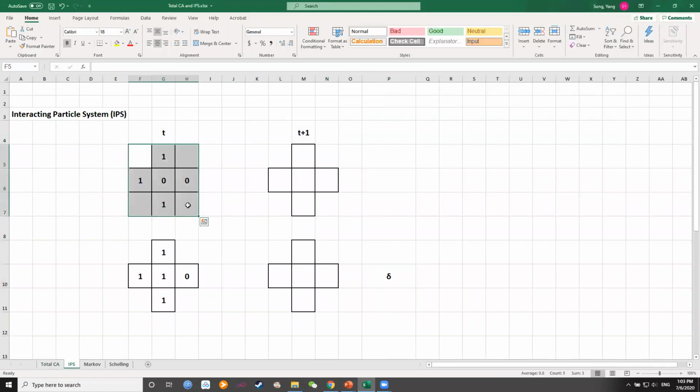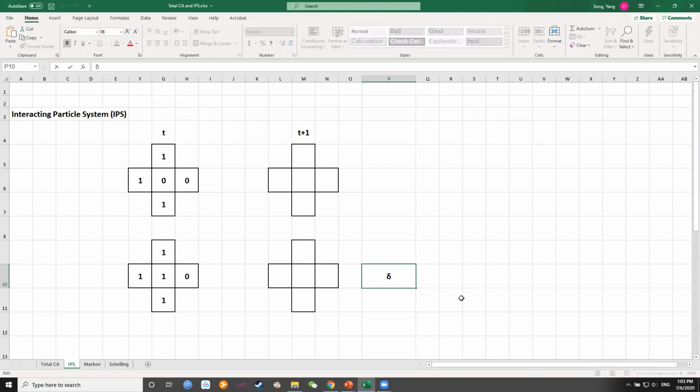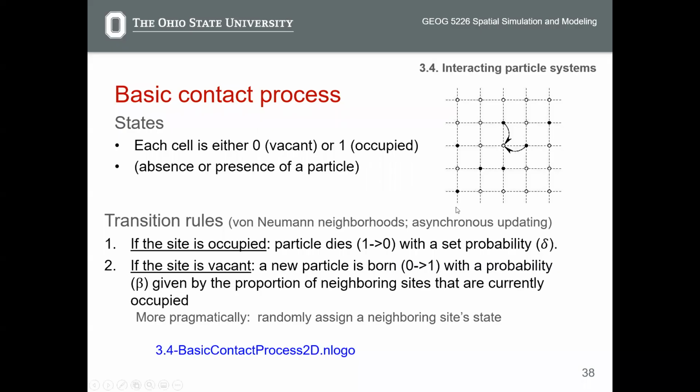It's the same neighborhood, same states, right? The central cell now is 0, and the neighbors are 1, 1, 1, 0. Let me give you a specific probability for rule number 1: if the site is occupied, the particle dies with a specific delta.